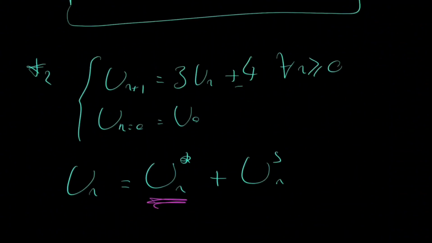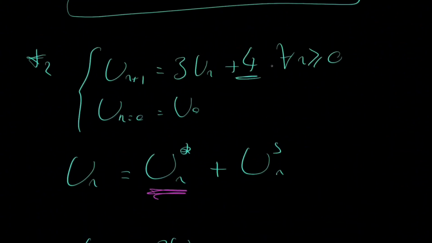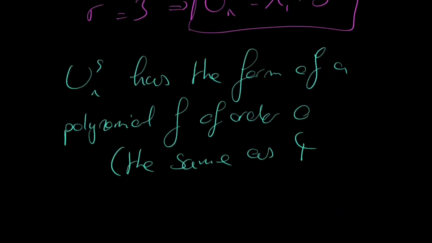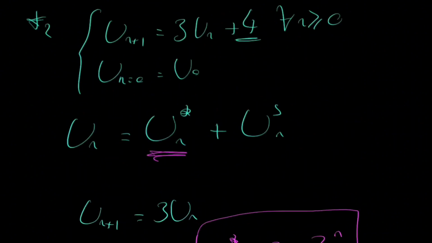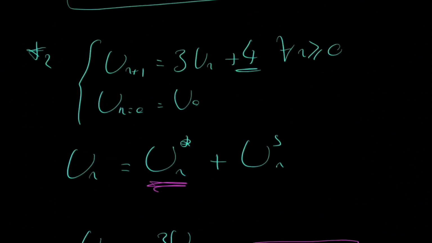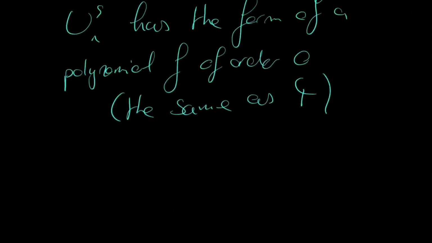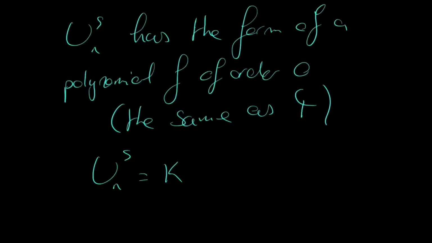If it was a polynomial of order 2, we would have u singular as a polynomial of order 2, etc. So we will try to find u_n singular equal to k. Let's try to find the value of k.